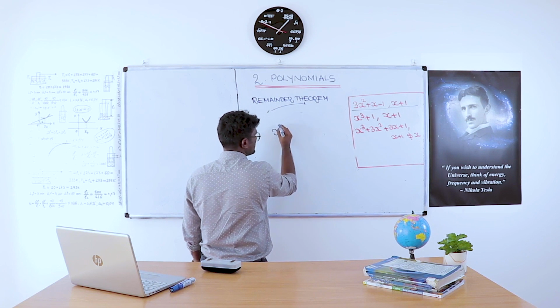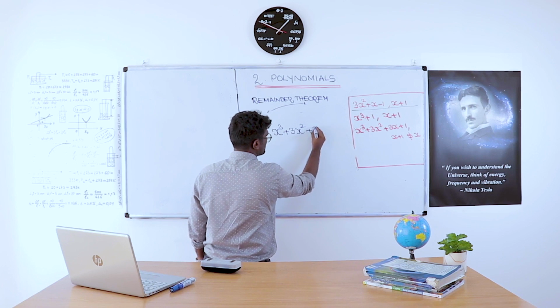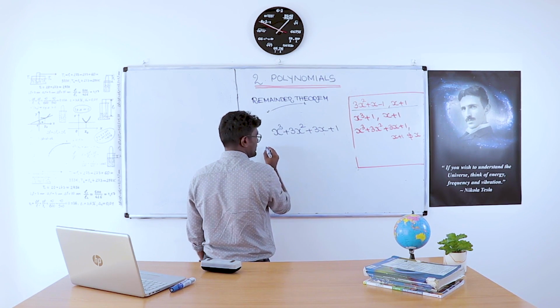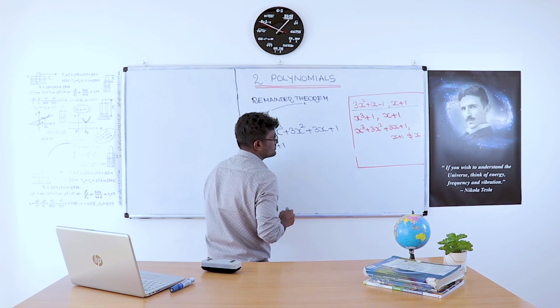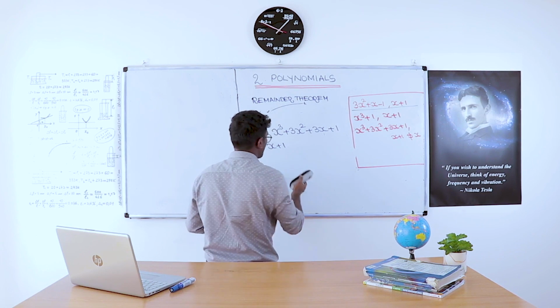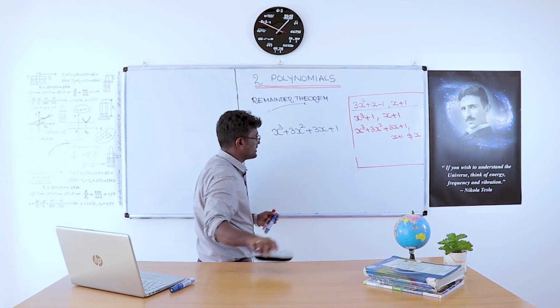One more problem: x cube plus 3x square plus 3x plus 1 is to be divided by x plus 1. So how will you find the remainder?